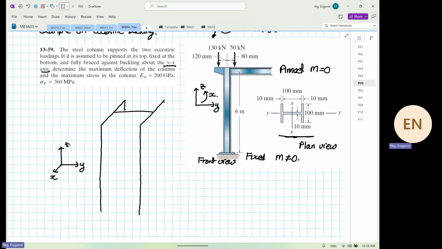Okay, so this is how the structure looks like.